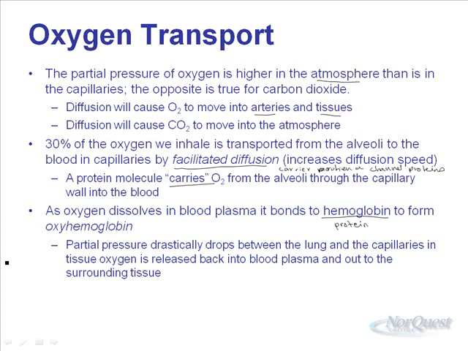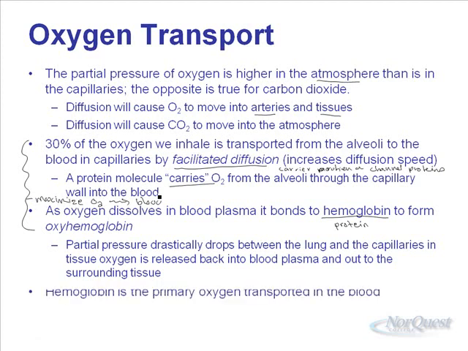Basically what we're doing is we're maximizing storage space. So this whole process here is to maximize O2 into the blood. We want to get as much oxygen into our blood as possible so that we can feed it to all of our body cells.